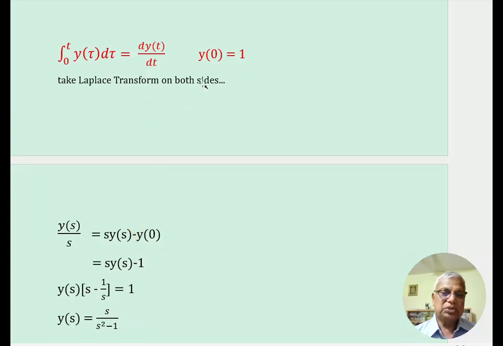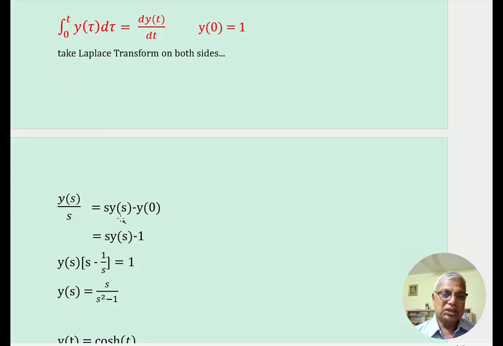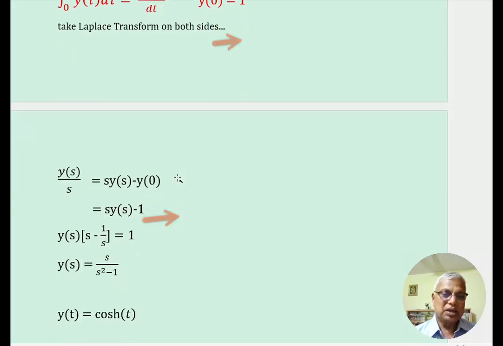Next, substitute the initial value, which is given as 1. So s into Y(s) minus 1. Then take Y(s) common and simplify, Y(s) equal to this.